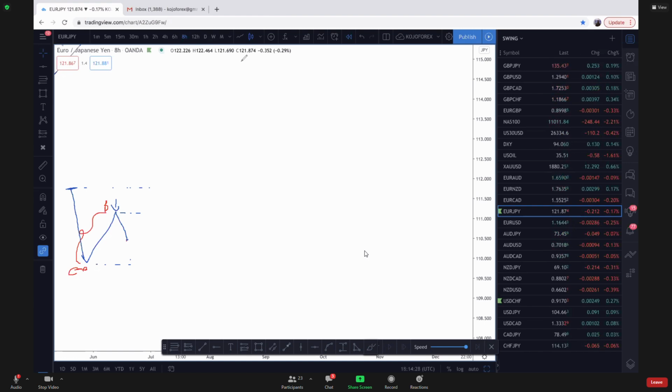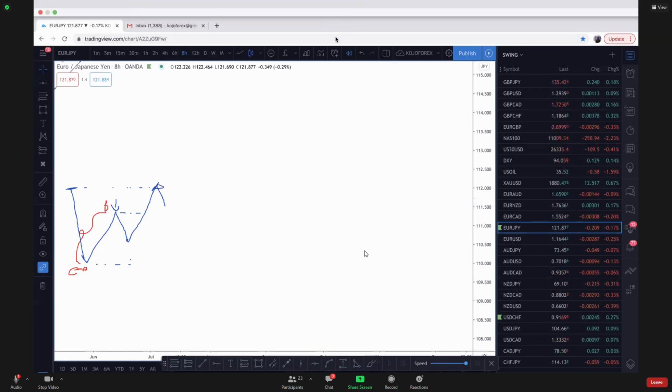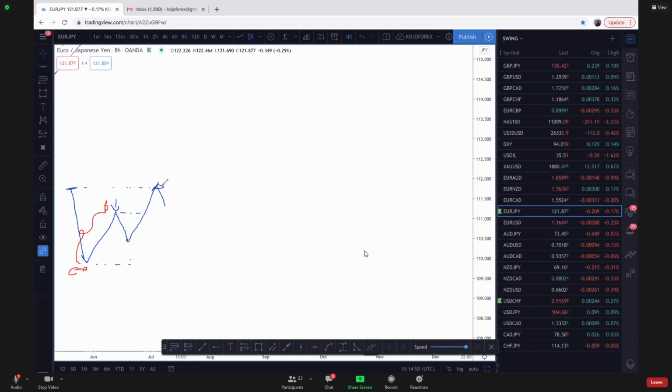Because the market is very random. A pullback can sometimes become an inception of a trend. It is a random market. There is nothing like surety here. Let's say this goes up, creates a new high, and I know that once it's dropping from here, if I try to catch a trade from here, it is me catching a pullback or a retracement.